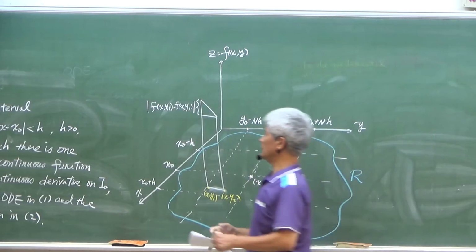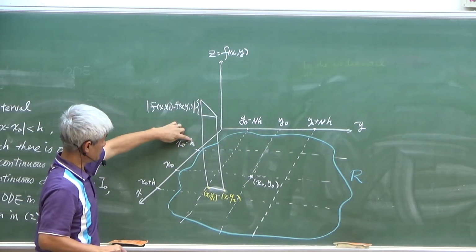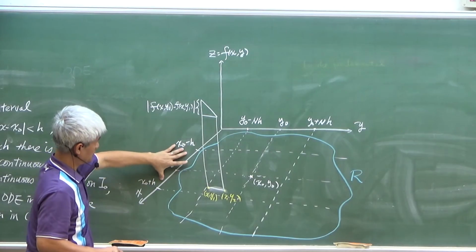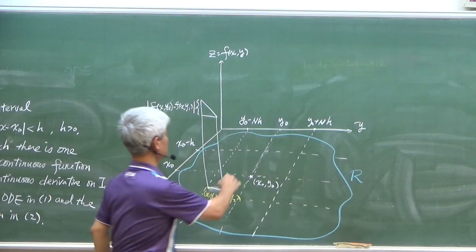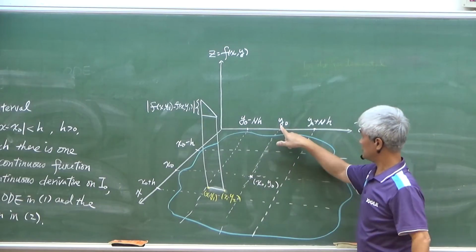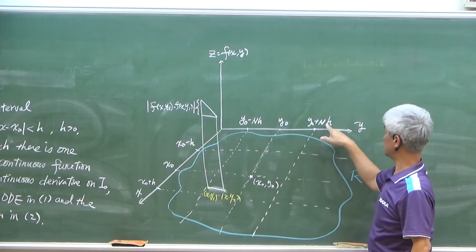And then we can find an interval from x0 minus h up to x0 plus h here. And the corresponding y-axis, this is y0, and y0 minus Nh, y0 plus Nh here.